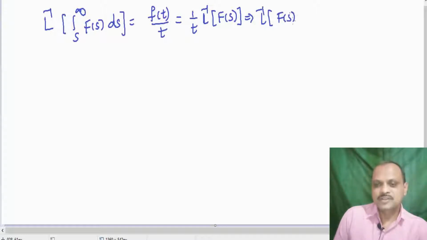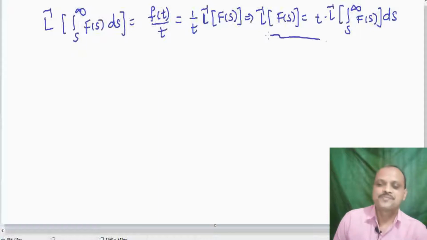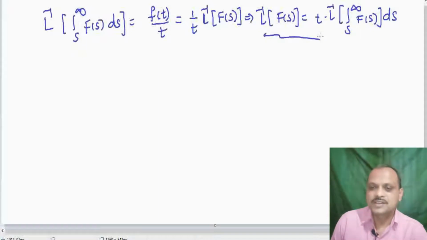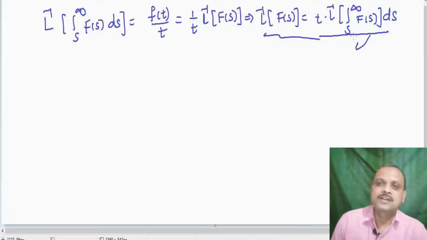So from this, L inverse of F of s equals t into L inverse of the integral from s to infinity of F of s ds. So this is the technique. By using this formula we can obtain the Laplace inverse of the functions.